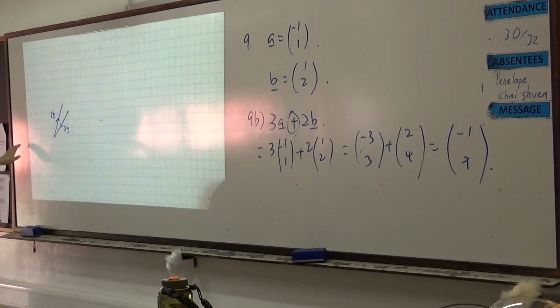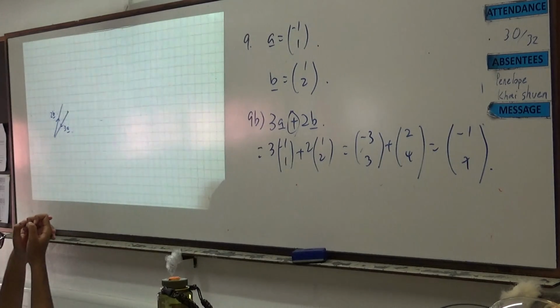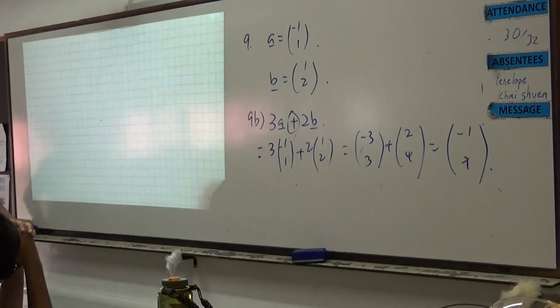How come it looks so funny? 3A, did I make a mistake? Oh, I made a mistake because A is up. Hey, I made a mistake, you must tell me now. I work so hard, then you tell me it's wrong.